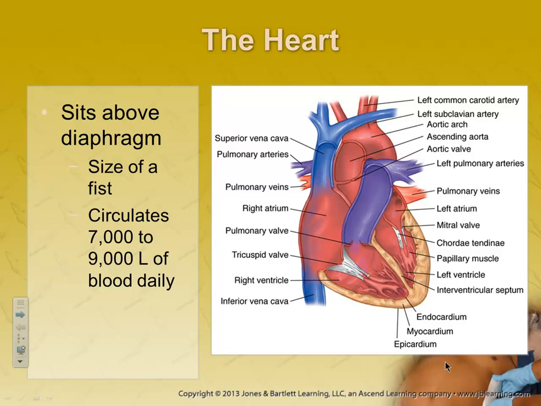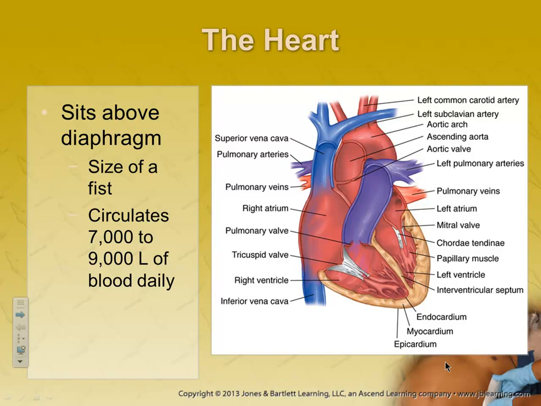Top of your heart, what's it called? Alright? Base and apex. So it's kind of backwards, right? Because usually the base is going to be the bottom and the apex is going to be at the top. It's a geometry term that they use.